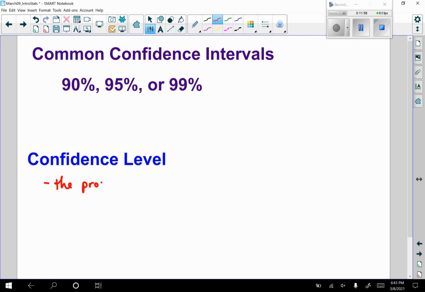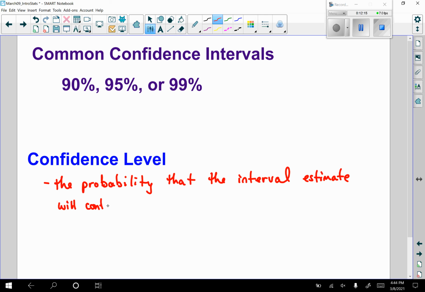So it's the probability that the interval estimate will contain the parameter, assuming a large number of samples selected and the estimation process on the same parameter is repeated.